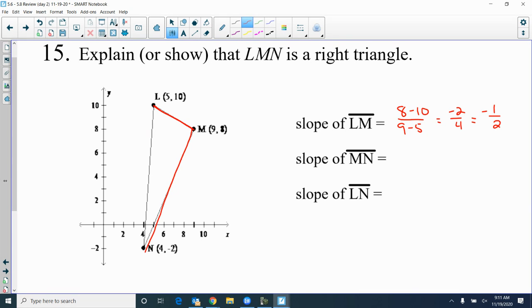What's the slope of MN? All right, I got this point here, 9, 8. I got the point 4, -2. I'm gonna take the y's, -2 minus 8 over 4 minus 9. All right, what's negative 2 minus 8? It's negative 10. And what's 4 minus 9?